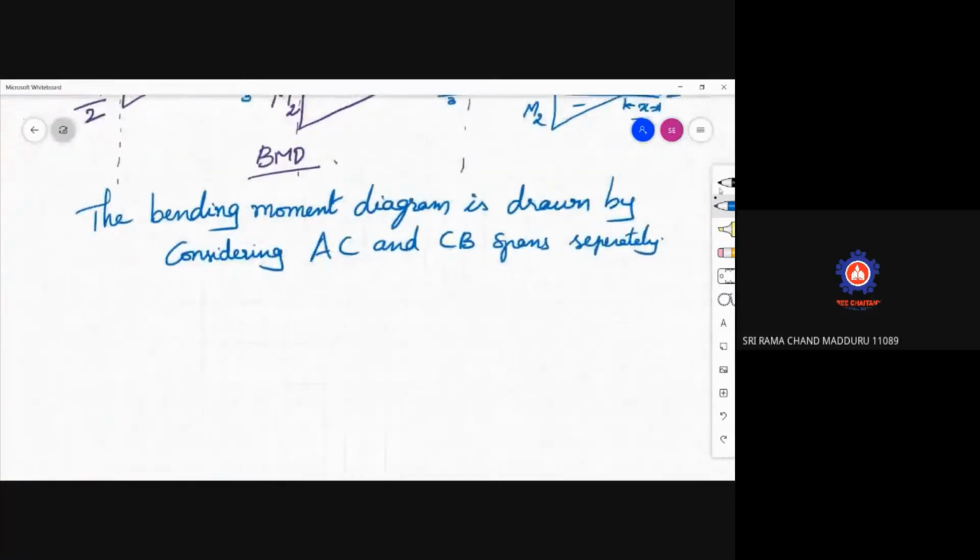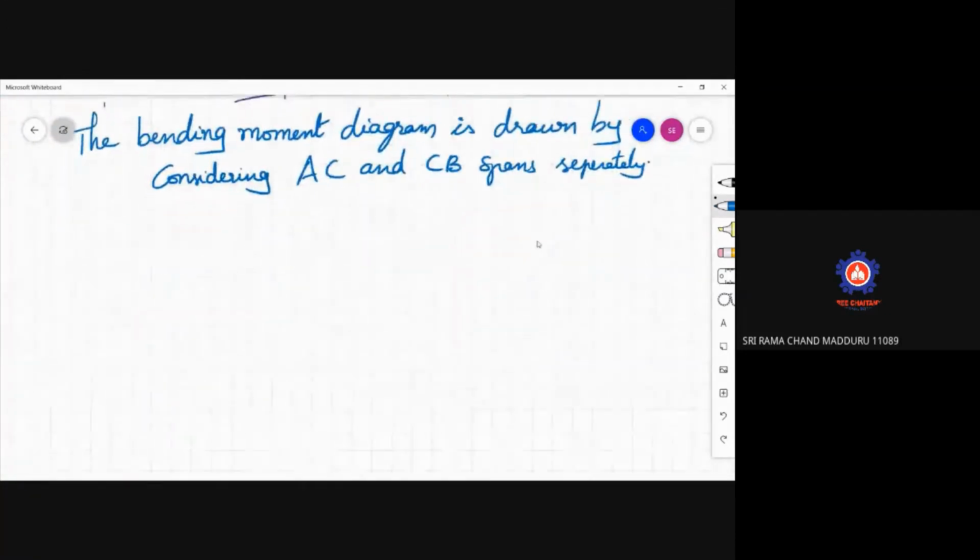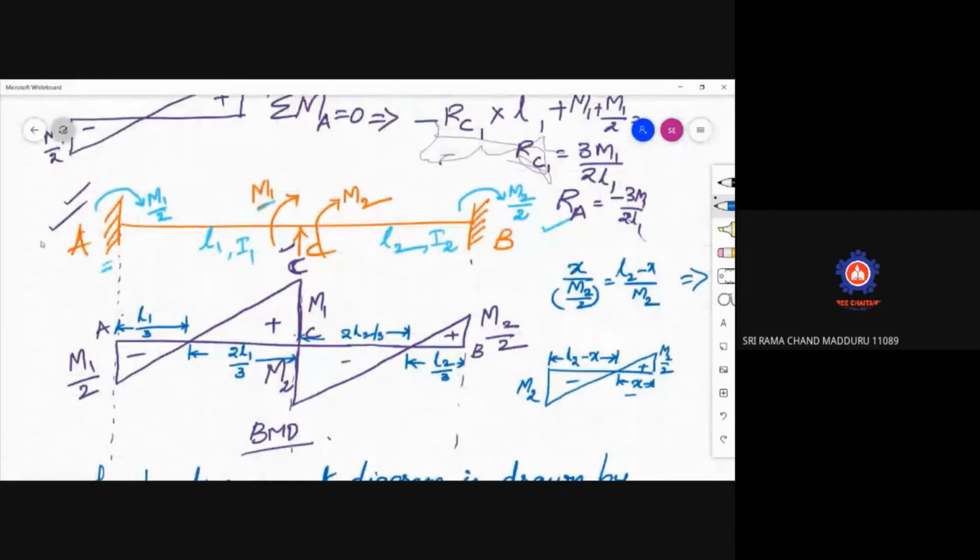So now note down, next continuation of this. As A and B supports are fixed, just see your diagram. Here in the given diagram, A and B are fixed ends.